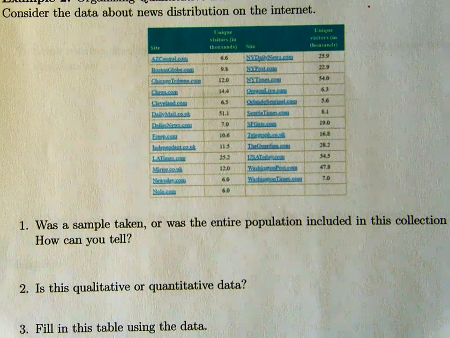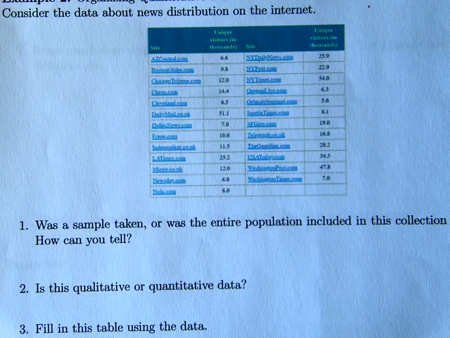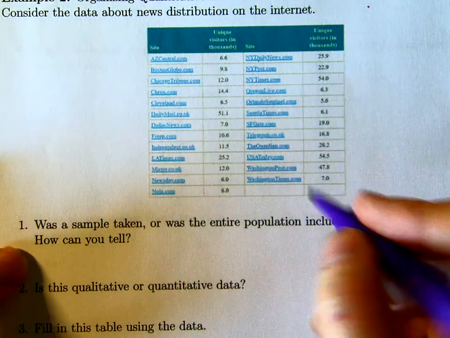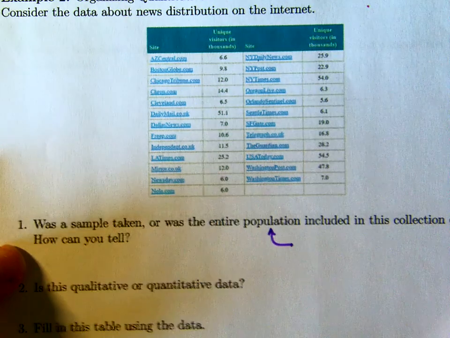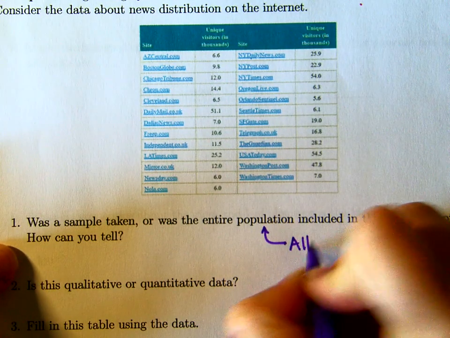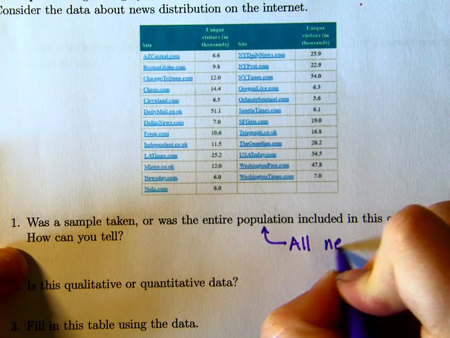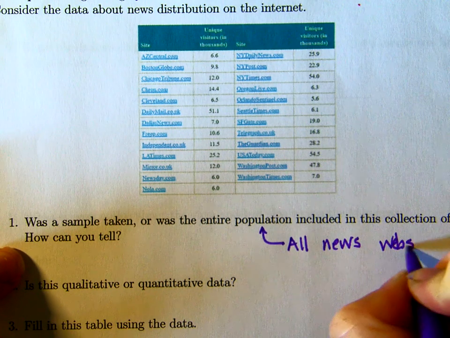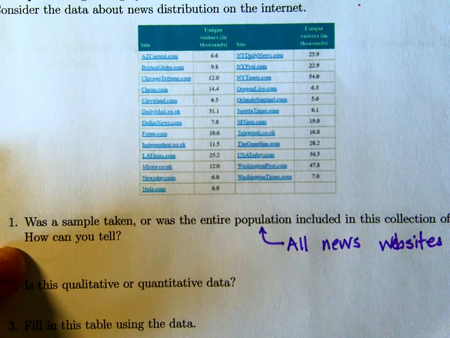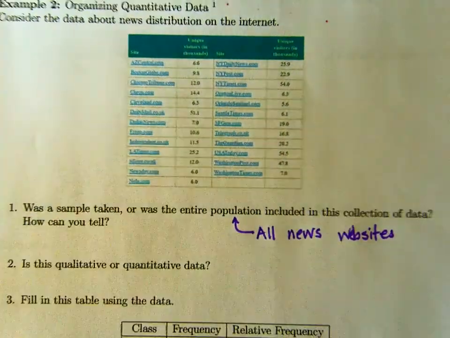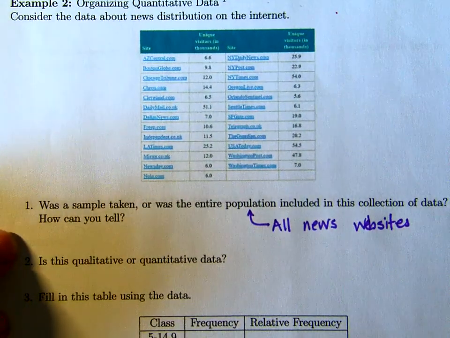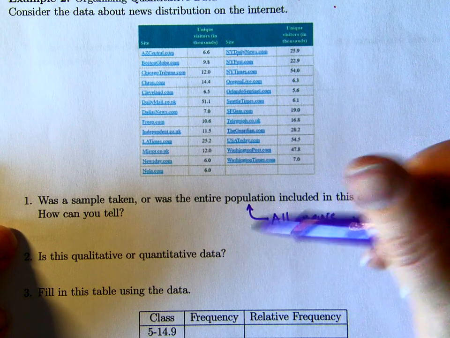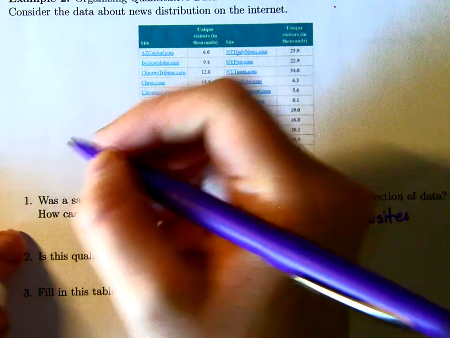Okay, so I'm going to write that down. Was a sample taken or was the entire population included? Well, here, the population is all news websites. And so immediately I think a sample was taken because there's no way this is an exhaustive list of all news websites.